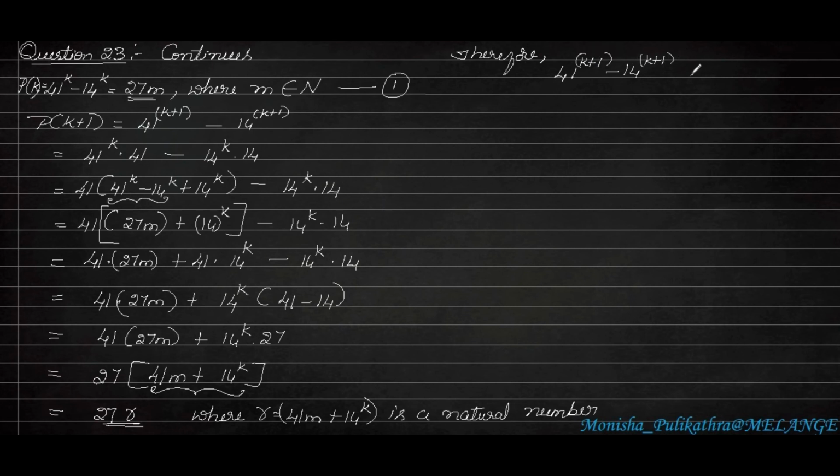So this is a multiple of 27. If this is a multiple of 27, thus P of k plus 1 is true whenever P of k is true.